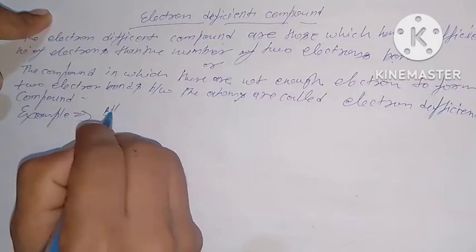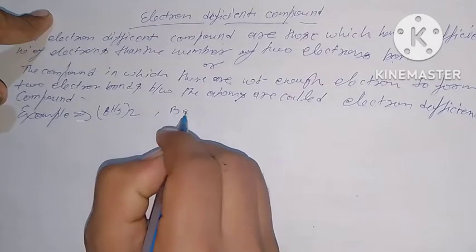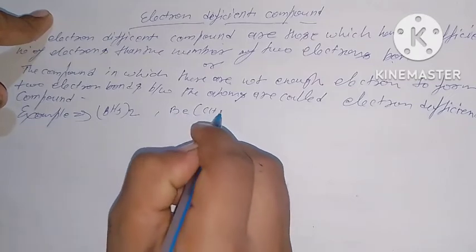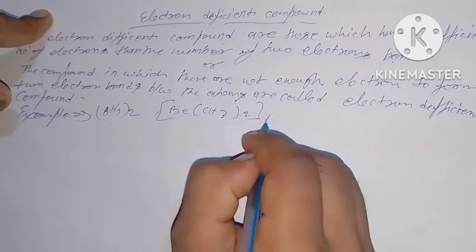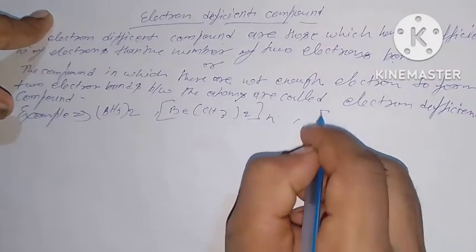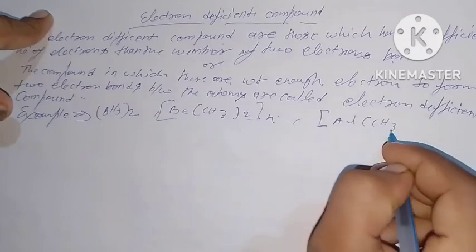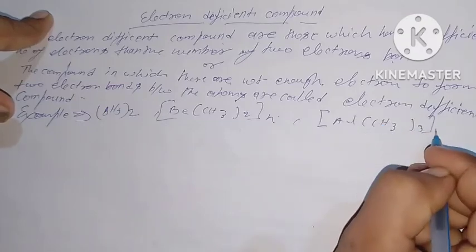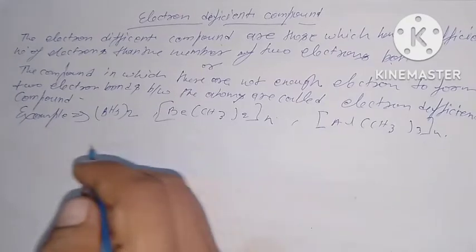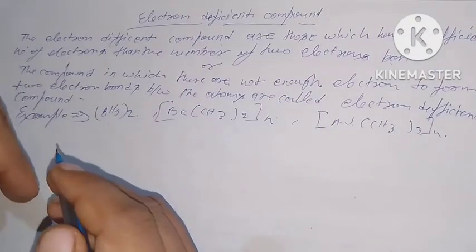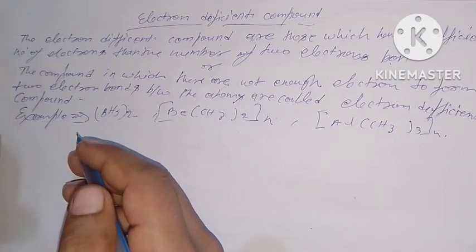BH3, BeCl2, Al(CH3)3, etc. are electron deficient compounds as they do not have enough electrons to form two-electron bonds between the atoms.